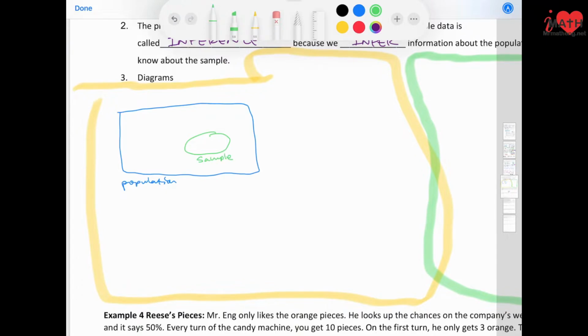So what do we do? We collect data from a representative sample. So that happens first. I get a sample, right?